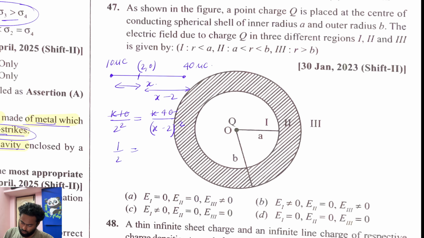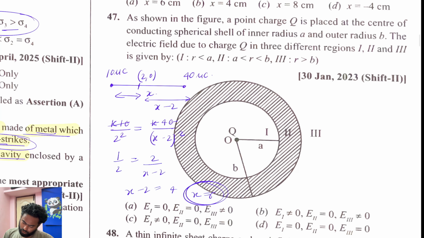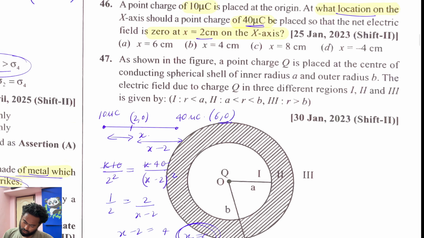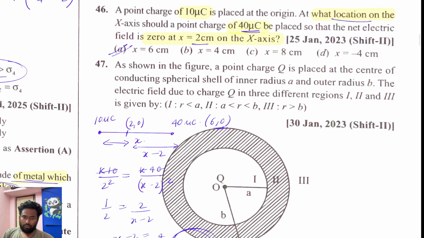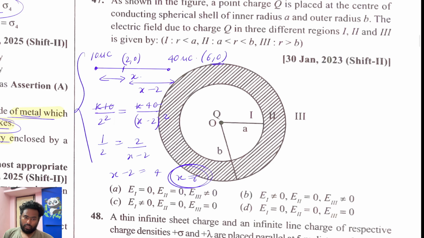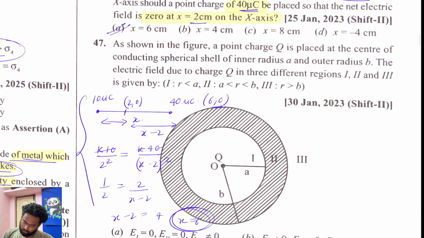So it becomes 1 by 2 equals to 2 upon x minus 2, x minus 2 equals to 4, so x comes out to be 6. So at what place will you put this one? 6 comma 0, 6 centimeter. Okay, easy. This is like an equilibrium problem but with a little twist. Let's see the next question.